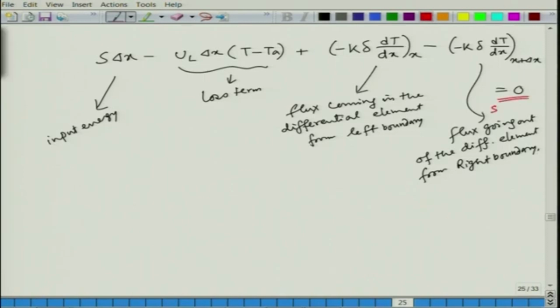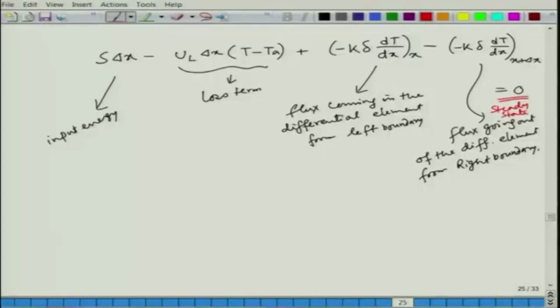This is for steady state operation. Otherwise, there will be some accumulation, you will have some dT/dt term, but with the steady state assumption the right hand side is 0.